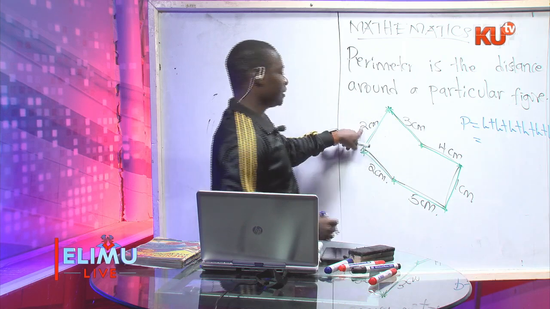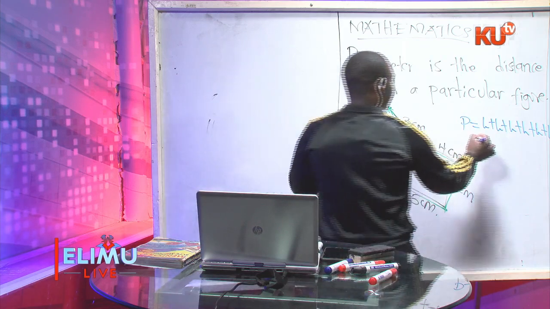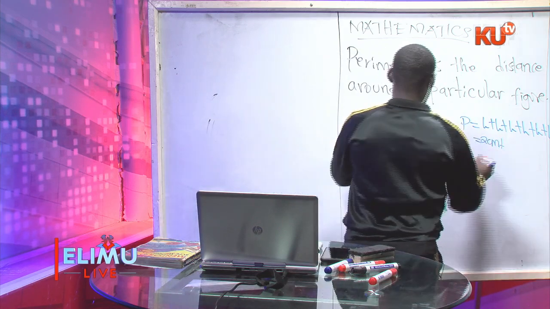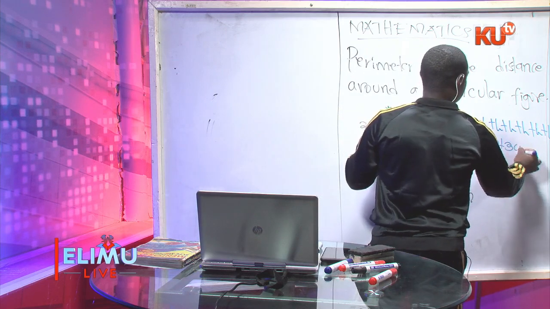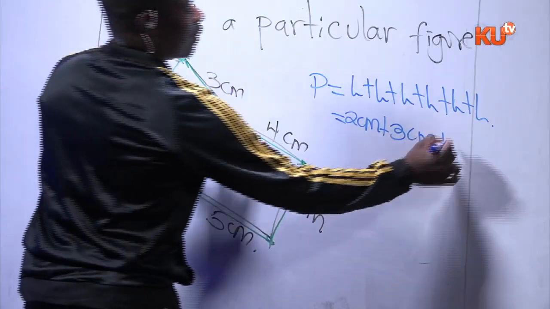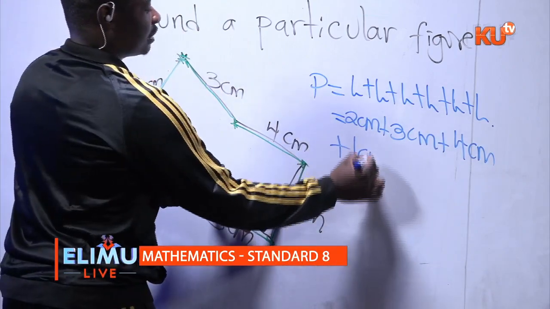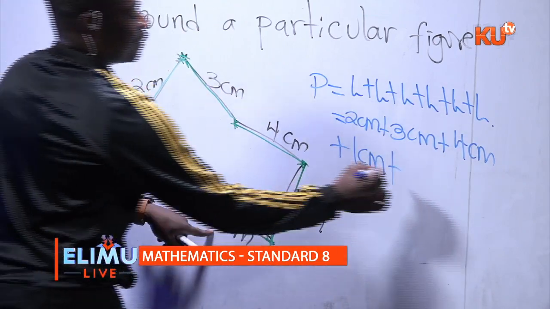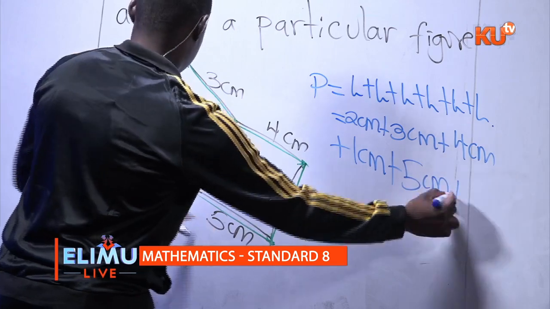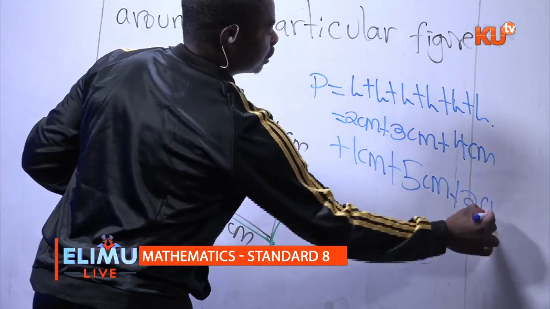So the first length is 2 centimeters. I take 2 centimeters plus 3 centimeters plus 4 centimeters plus another 1 centimeter plus 5 centimeters plus 2 centimeters.